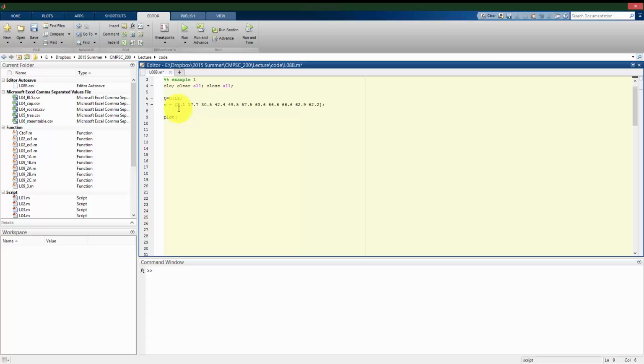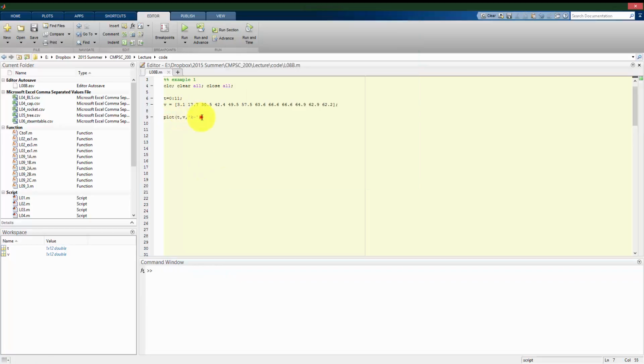And I just want to have an idea of what this looks like. So I'll plot it. And 1, 2. Yep, it looks like I missed one. 64.9 was missed. All right, now they're the same length.